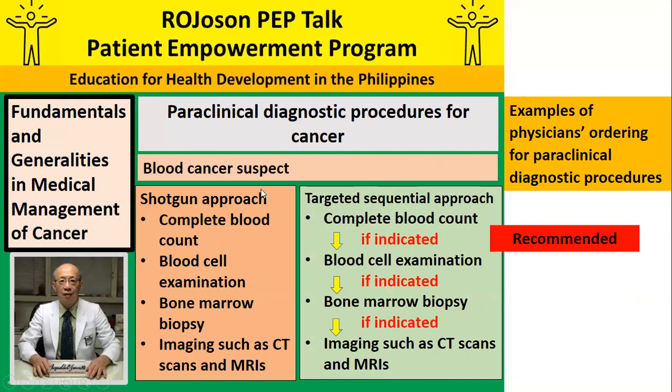For a blood cancer suspect, one example of a shotgun approach is doing complete blood count, blood cell examination, bone marrow biopsy, and imaging such as CT scans and MRI in one sitting, in one ordering, compared to a targeted sequential approach: doing complete blood count first, waiting for the results, and if indicated, doing the blood cell examination, and if indicated, doing a bone marrow biopsy, and if indicated, doing imaging such as CT scans and MRI.